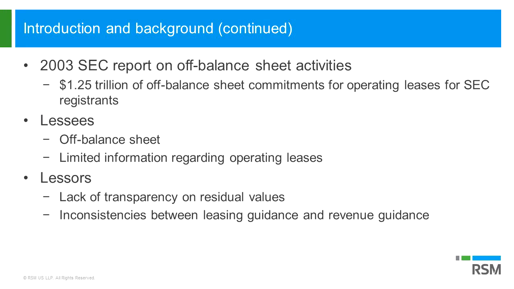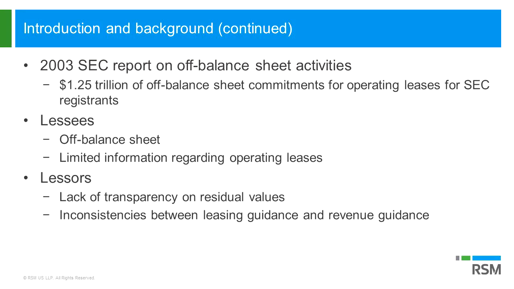The Sarbanes-Oxley Act was passed, and as a result of that act, Congress tasked the SEC with reviewing off-balance sheet commitments, which led to $1.25 trillion of off-balance sheet commitments being identified just for SEC registrants, on an undiscounted cash flow basis, and none of the private companies were taken into account. So as you can imagine, that number is quite substantial.